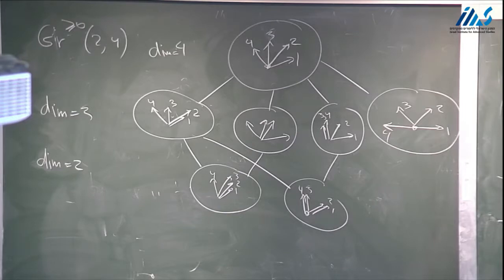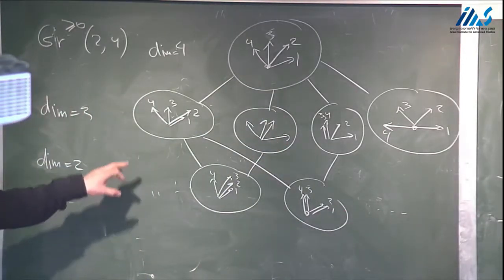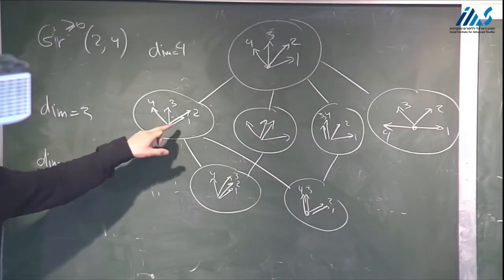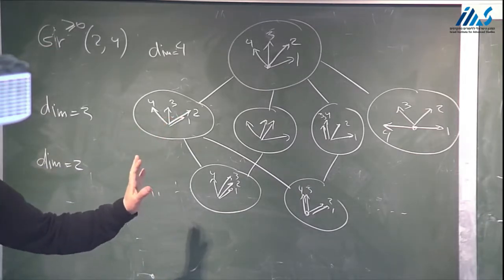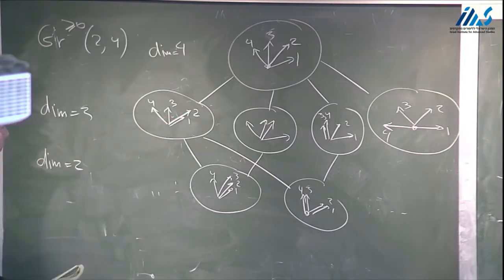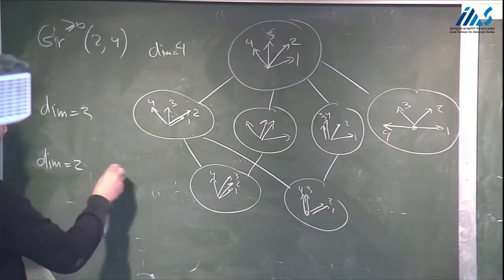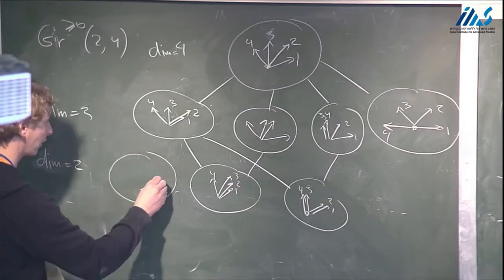Okay, and so on. There are other things like this. Does anybody see another possibility? Another thing that belongs to the closure of this one. Here you can make one of the vectors 1 and 2 to be equal to 0. For example, you can make vector 2 to be 0. There is another cell that looks like this.